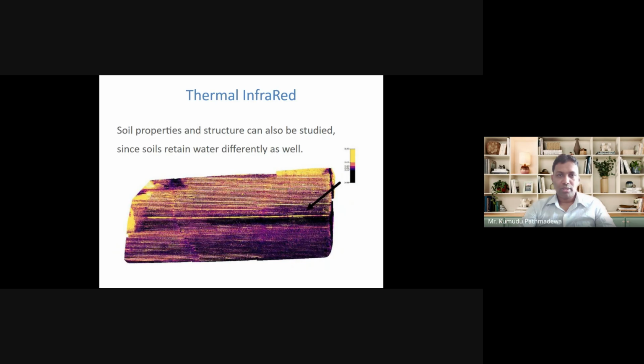Since soil retains water differently, you can differentiate and get an idea of the area. Based on that, the farmer or the person who uses these thermal images can make a decision on how to rectify those problems in their field.